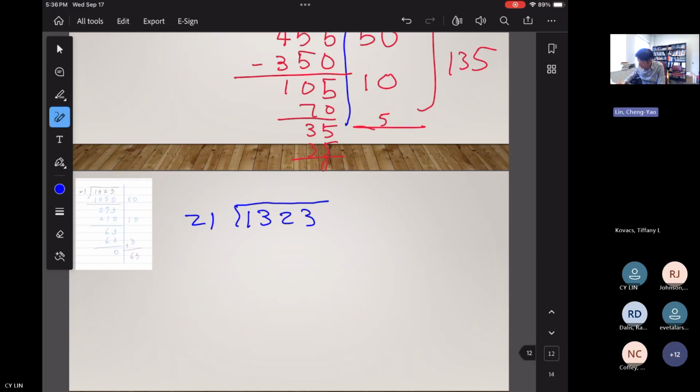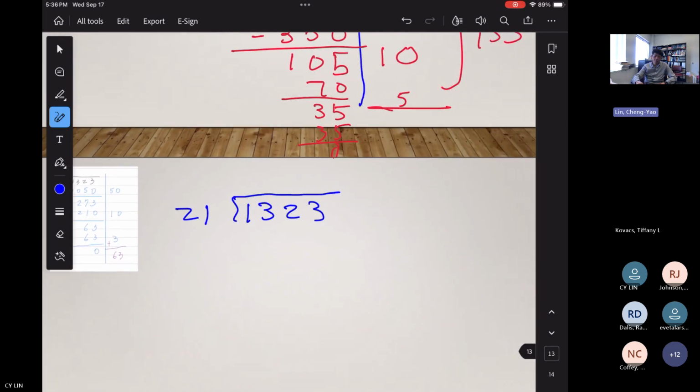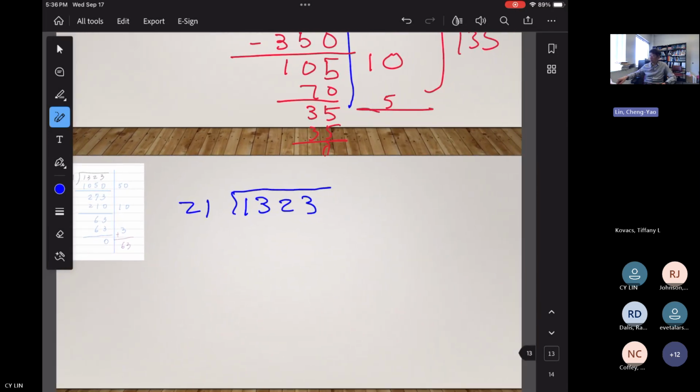Okay, go ahead, try. I start with 50, but you can try different numbers and see if you get the answer. That's my answer.